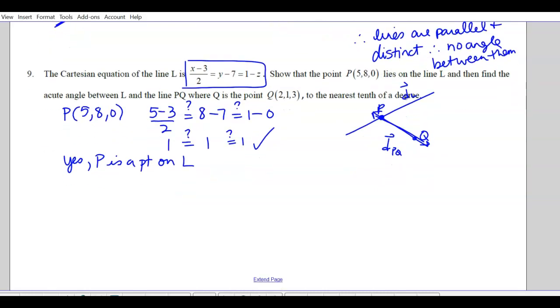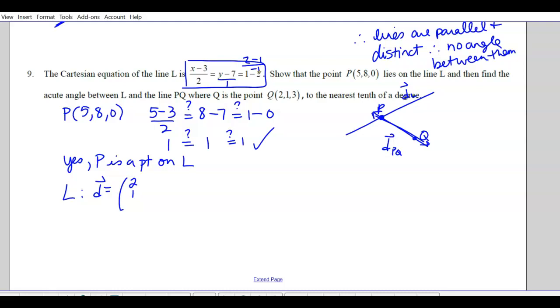For L's direction vector, go back to your Cartesian equation. The denominator there is 2, right? Remember, that's what you're dividing the coefficient of your parameter by, and it goes underneath. This is a 1. And here, notice how that's opposite in sign. Really, that's the same as z minus 1 over negative 1.